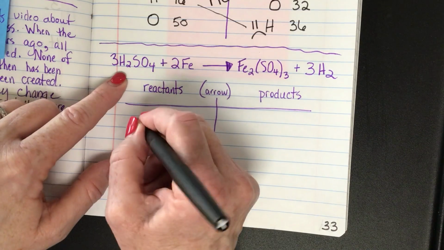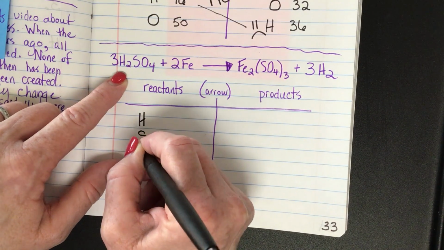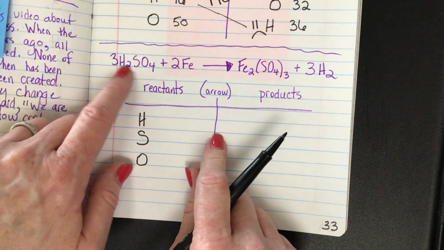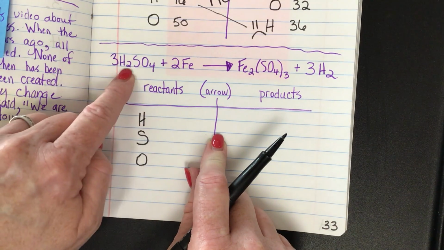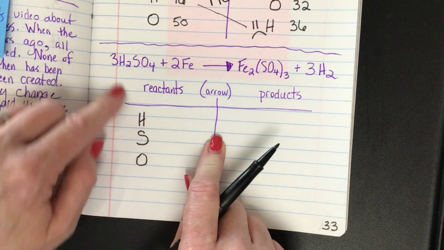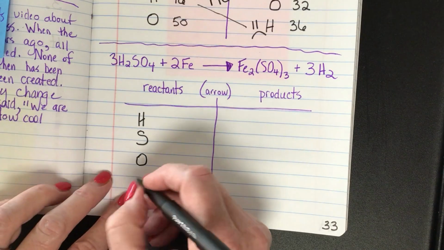So let's list these here. Hydrogen, sulfur, oxygen. How many molecules of whatever this is? Okay, good. We've got 3. Also, we have iron. Now that was just in that formula. We can't forget our iron.